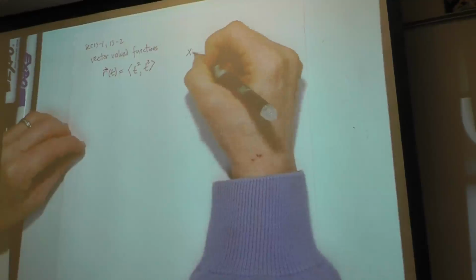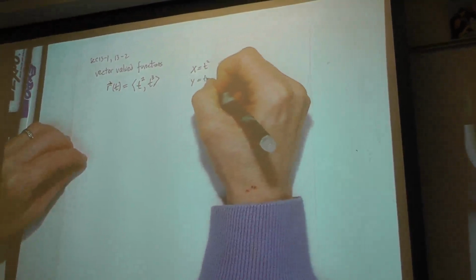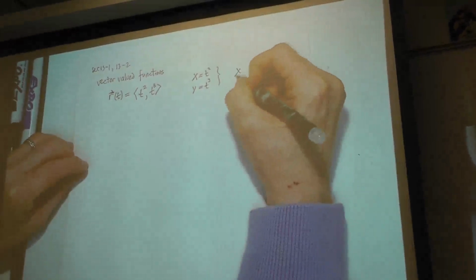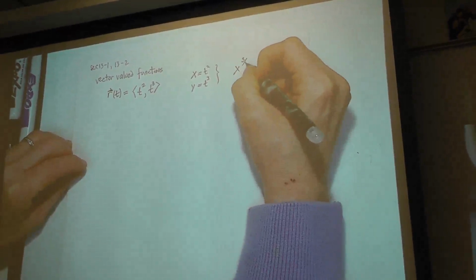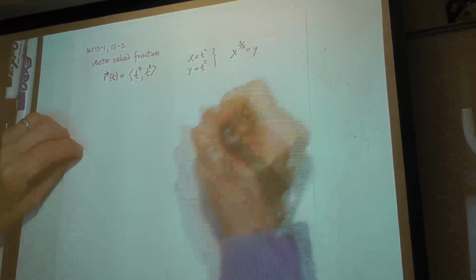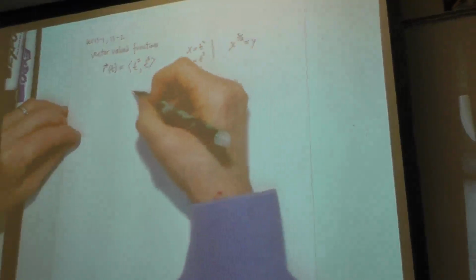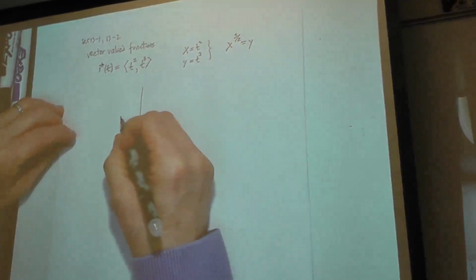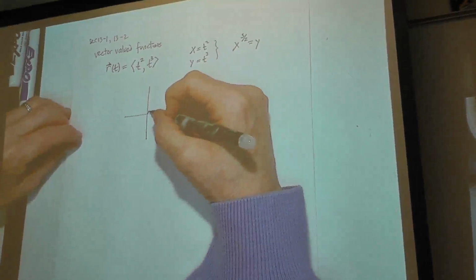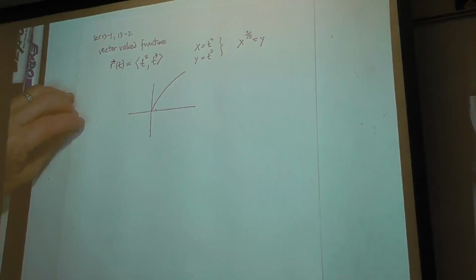So x being t squared, y being t cubed, would tell me that if I took x and raised it to the 3/2 power, I would get y. And so this particular function would be sitting along this curve.